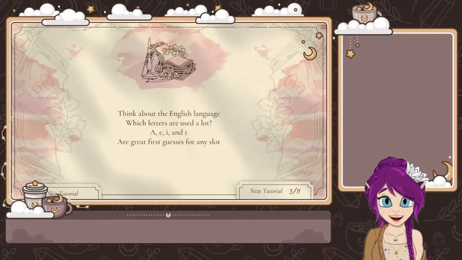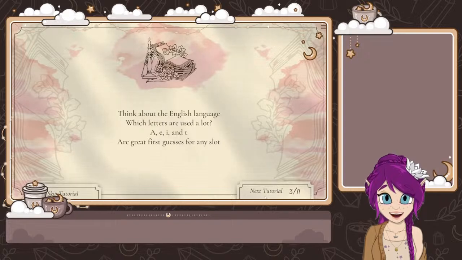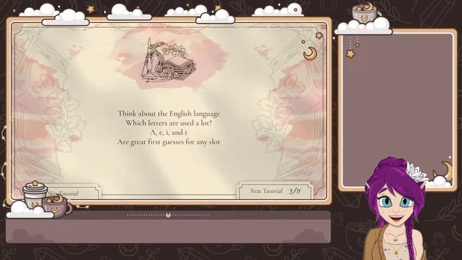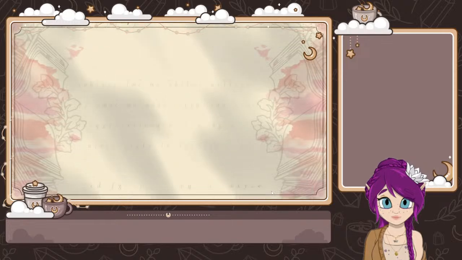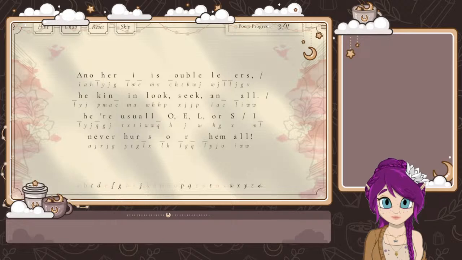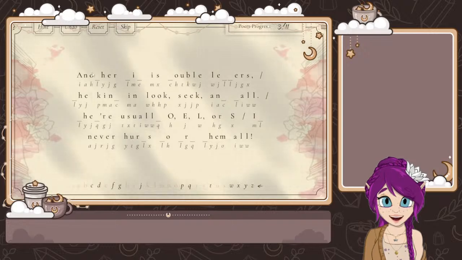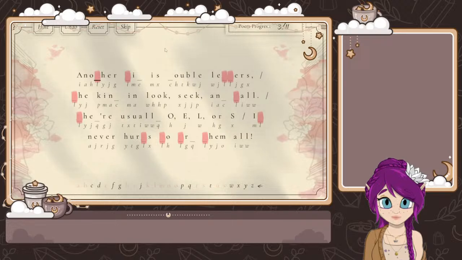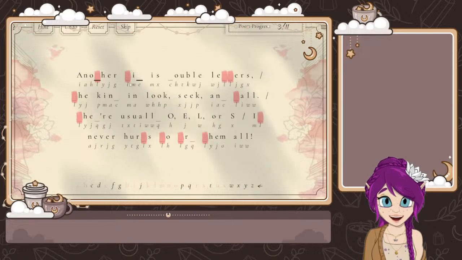A, E, I, and T are great first guesses for any slot. Oh, these are the letters that are available. Those are at the bottom.